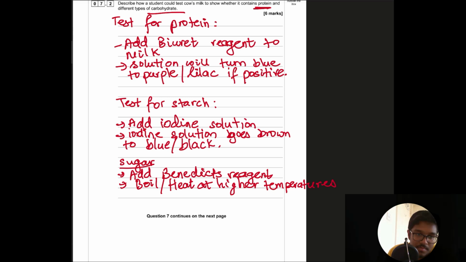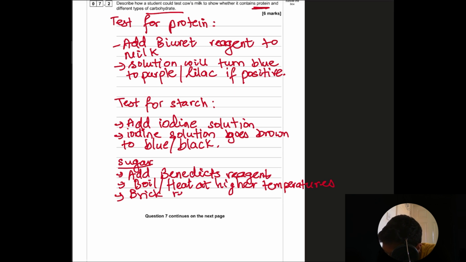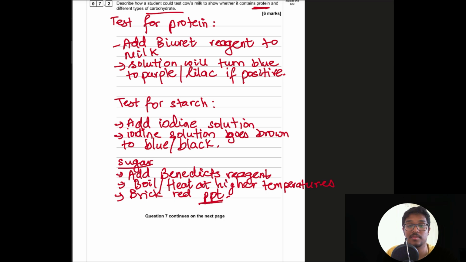And this would go to a brick red precipitate. B-R-I-C-K. Brick red precipitate. This is precipitate in short form, but please use the long form when you're answering exam questions. Next question.